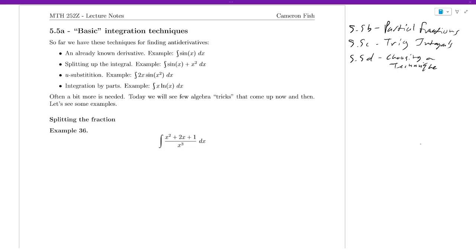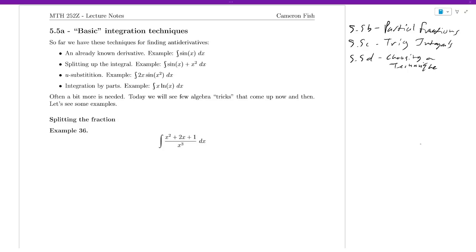The first section here is what I'm calling basic integration techniques, and that's just the name the book uses. Doesn't mean they're easy necessarily. It's just a couple of algebra tricks that you can try that are just algebraic, that don't need some special extra rules.